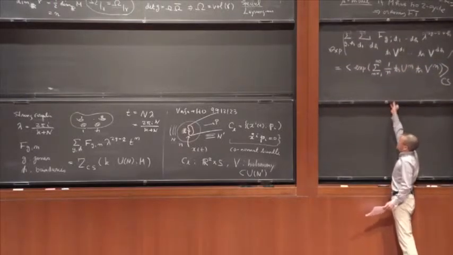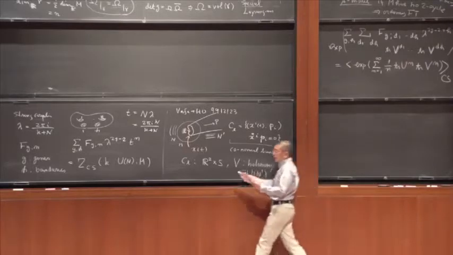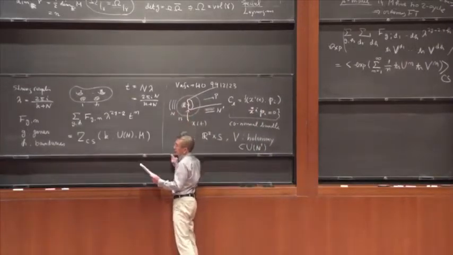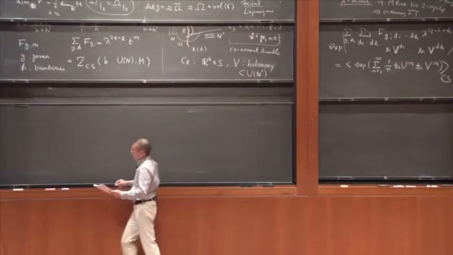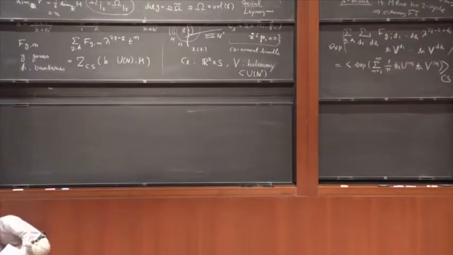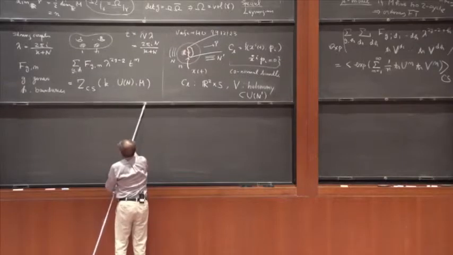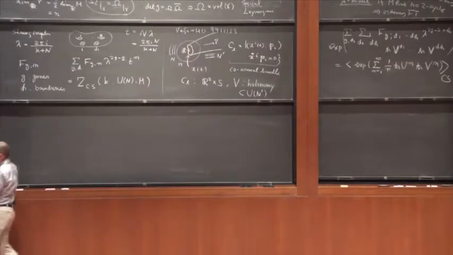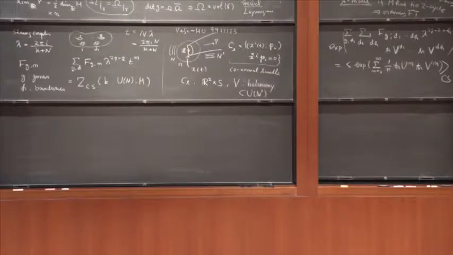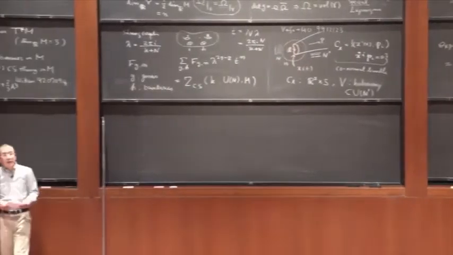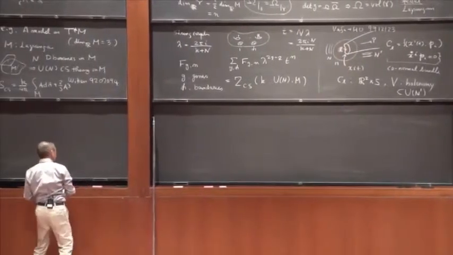But before we get there, let me discuss the large N duality for this type of theory. So large N duality, as you all know, is a relation between open strings and closed strings.